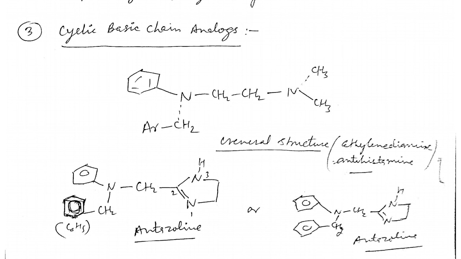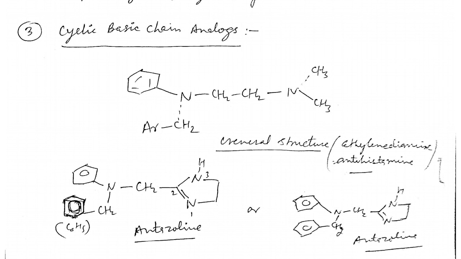But now what happens in the cyclic basic chain analog is that the amino groups may be converted into cyclic rings. So various cyclic compounds have shown some antihistaminic activity. Say for example, antazoline. Look at here.